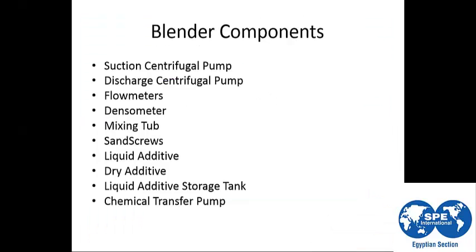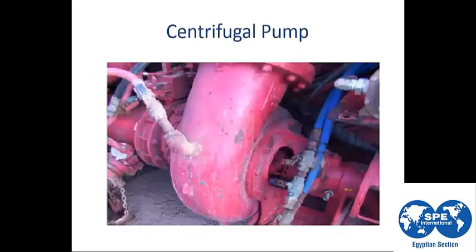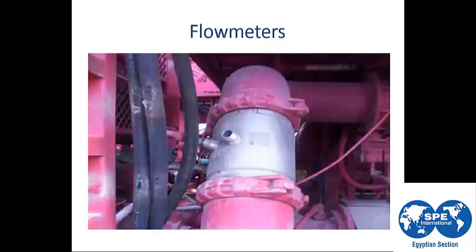Also for the blender we have centrifugal pumps to suction, as the suction manifold, to pump the fluid from the frac tanks to the blender. Also we have flow meters at the suction manifold to measure the flow rate of the linear gel during the suction from the frac tanks.